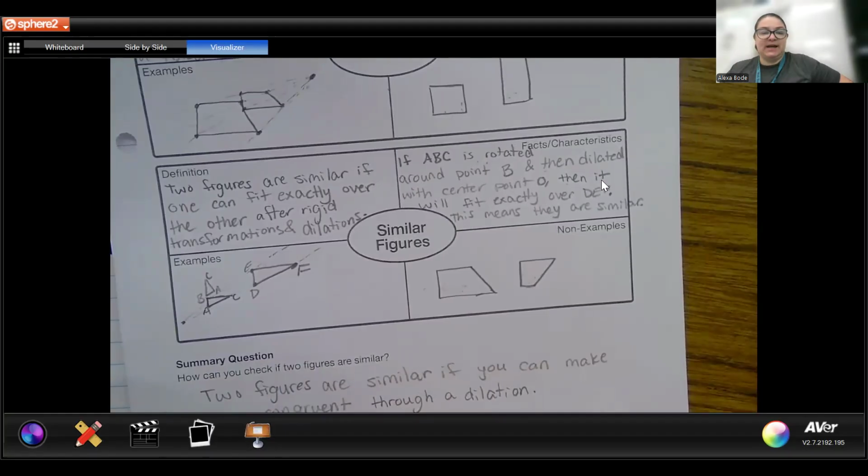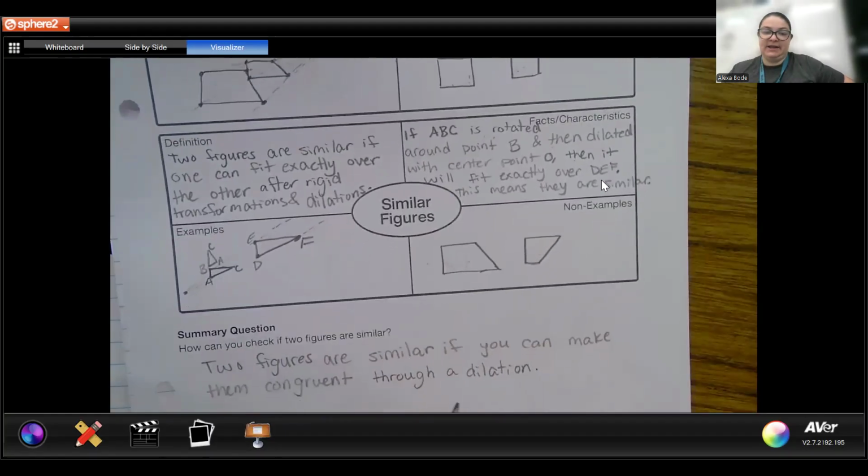So if you can dilate one of the shapes, if you can make it smaller or larger, and then match it up and they are congruent, then it's similar figures.